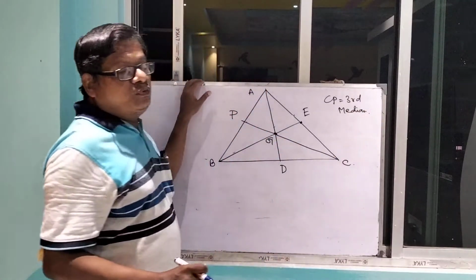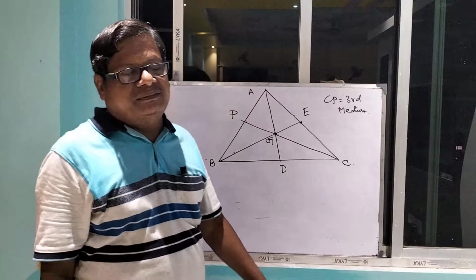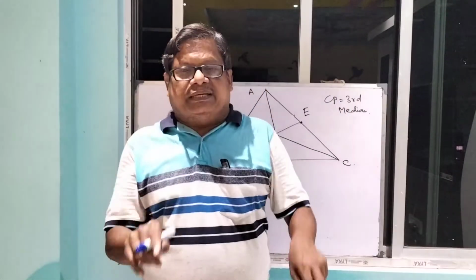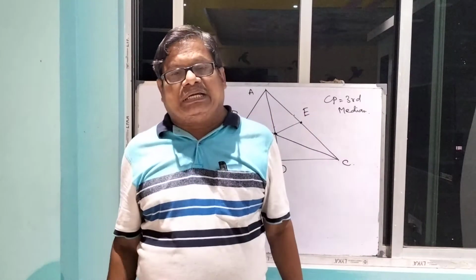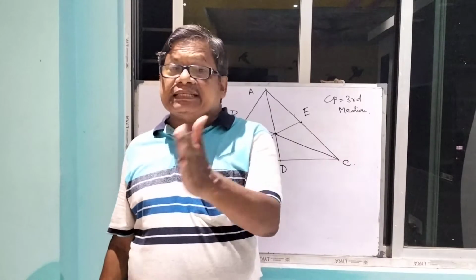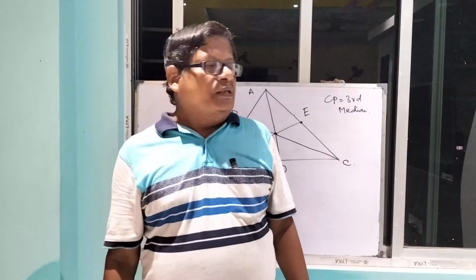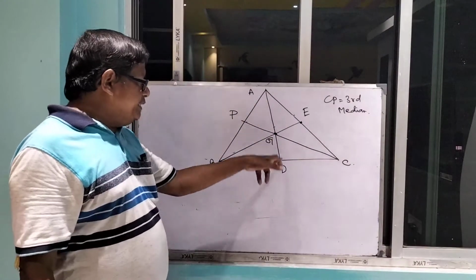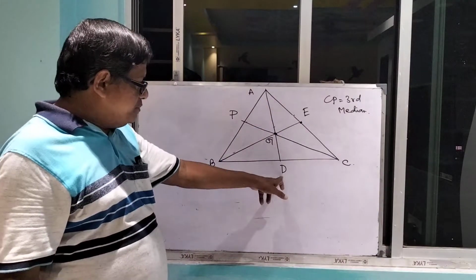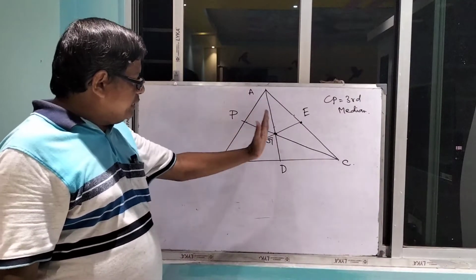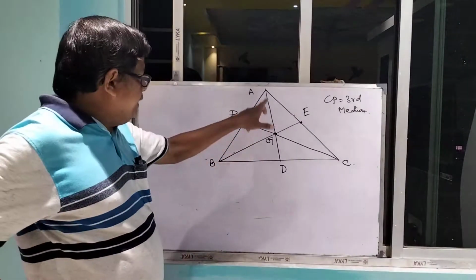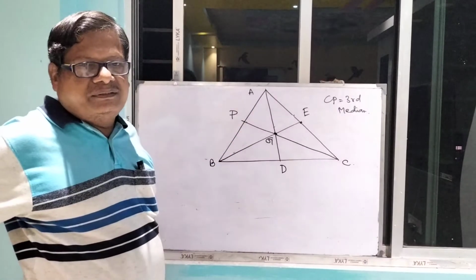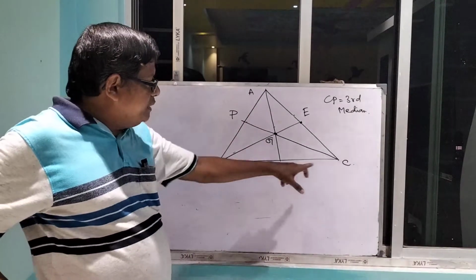And all of you know the median of a triangle bisects the triangle into two equal areas. If we call AD the median, it bisects triangle ABC into equal areas. That is, area of ABD triangle is equal to area of ADC triangle.